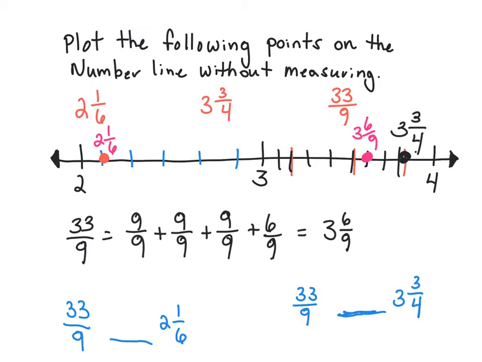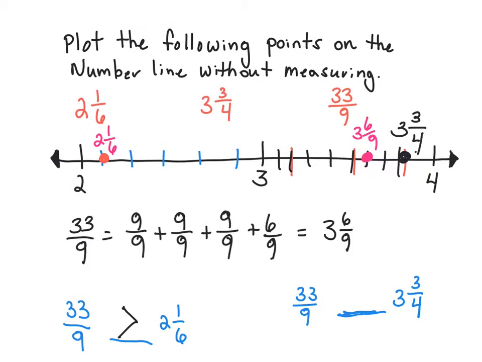So let's look at this. We've got 33/9, which is greater, because that's 3 and 6/9, greater than 2 and 1/6. So we are going to place the greater sign towards 33/9, because that's 3 and 6/9, which is greater than 2 and 1/6.